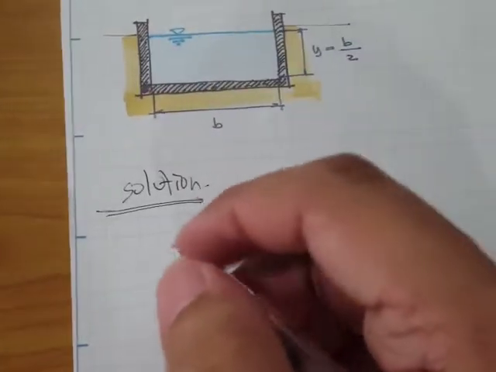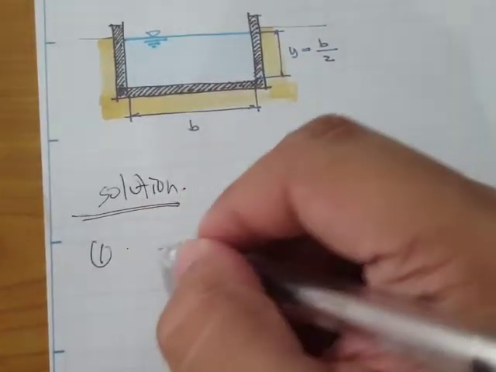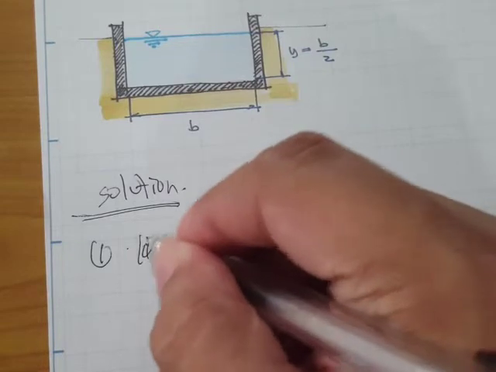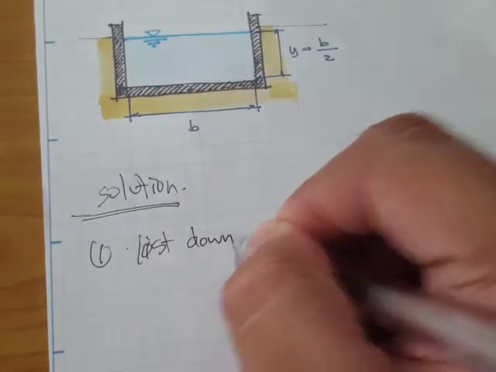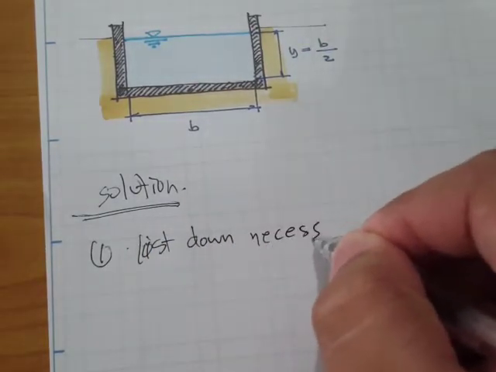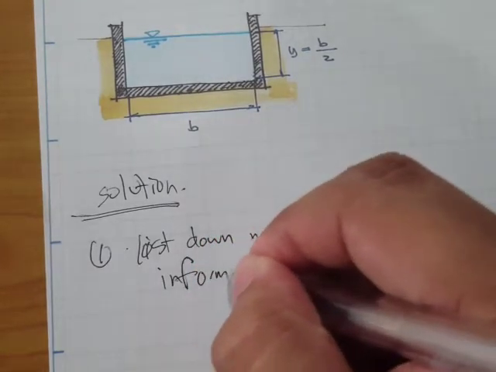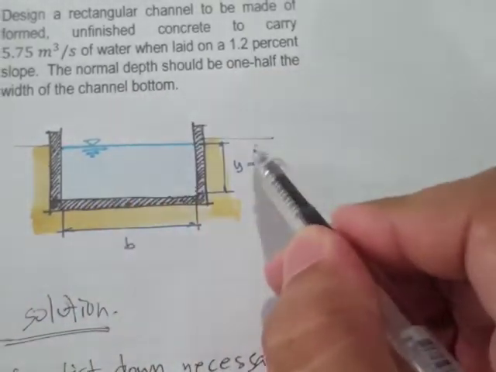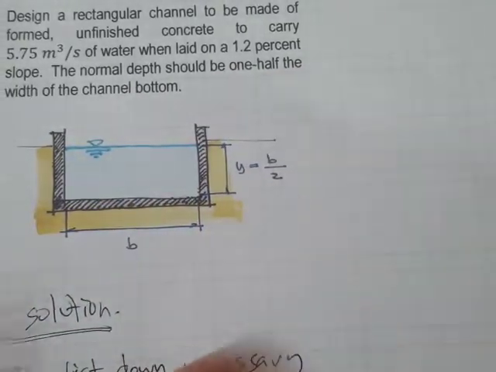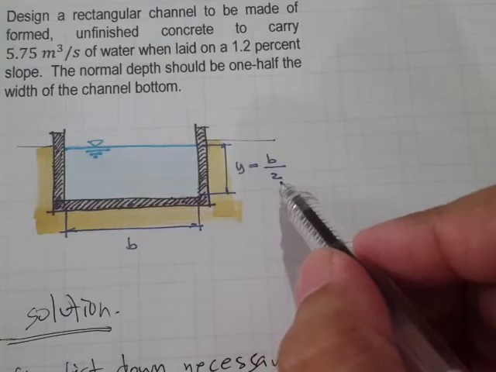So for the solution, first let's list down the necessary information. It says that our normal depth, y, is equal to b over 2.